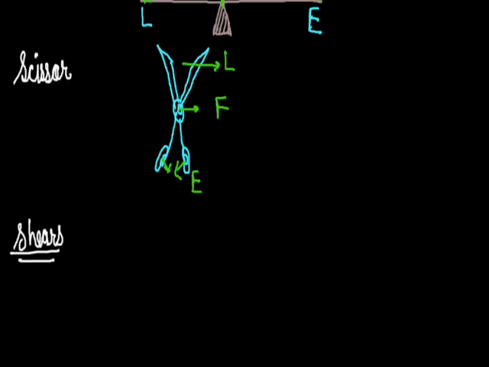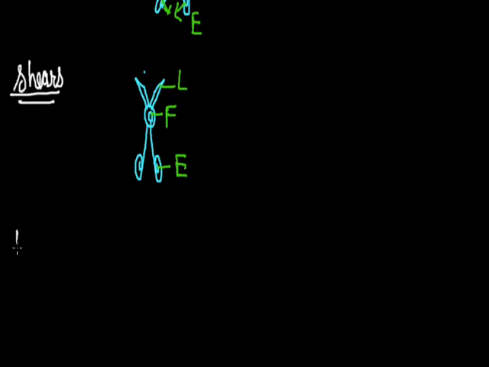So we can draw it, and they have long handles in comparison with the scissor. So this is also an example of a first class lever. Next, handle of water pump.